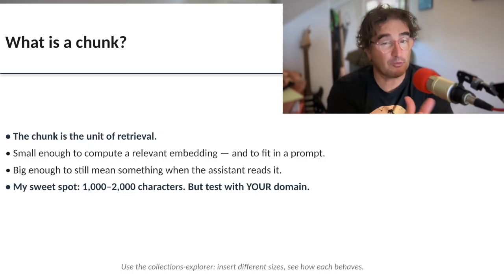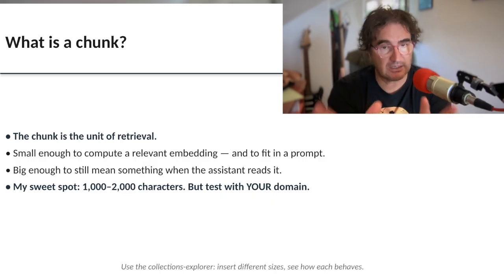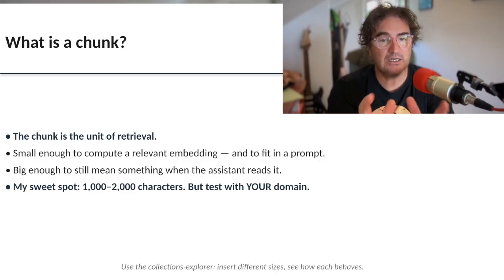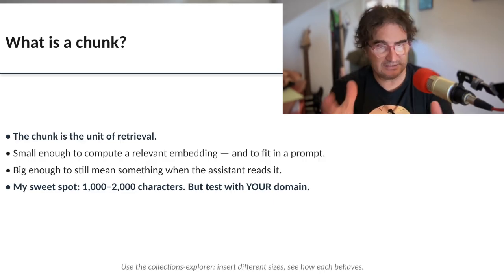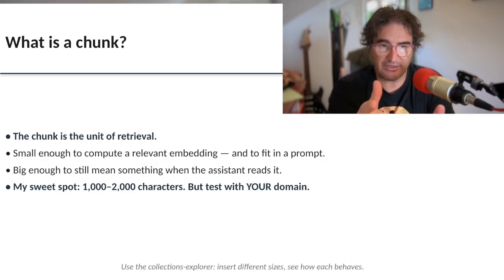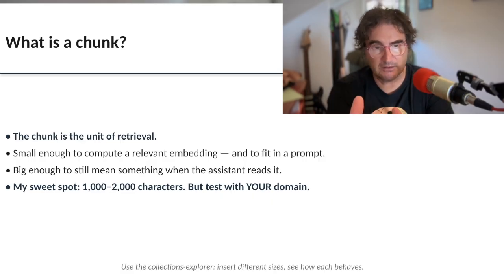For instance, I like a point between 1,000 and 2,000 characters. I find that it's a really good measure: you get a lot of information there, current models can get a lot of meaning from it, and embeddings work well with 1,000 to 2,000 characters. But you have to do your own tests with your domain.